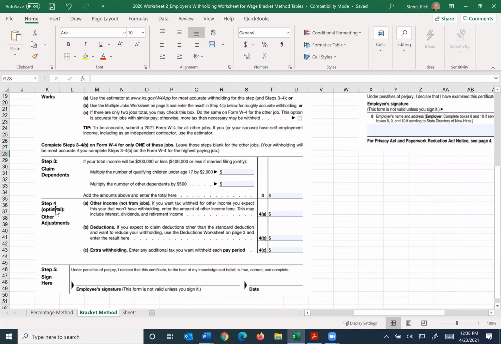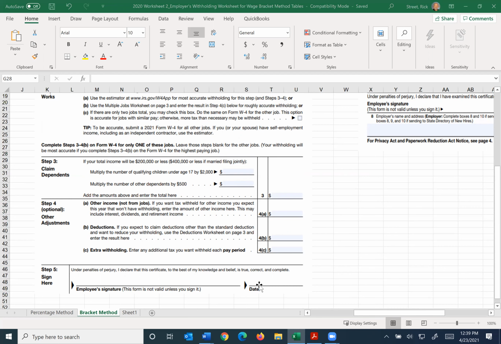Then we've got steps 3 and 4. 3 is where we're going to capture our allowances. So if we have qualifying children, we'll put 2,000 times the number of qualifying children here. And if we have other dependents like an elderly parent or grandparent, we would put 500 times those qualified dependents here and total up line 3.